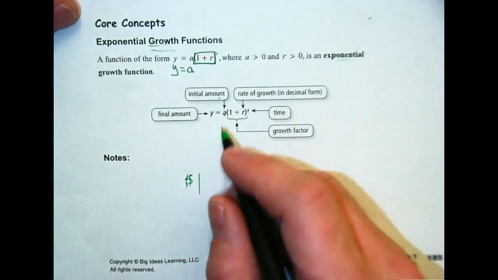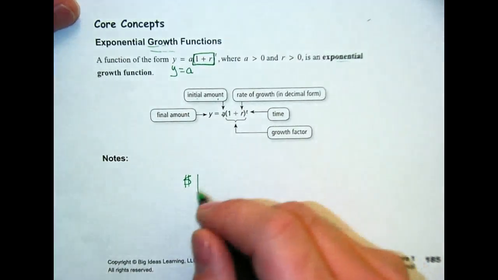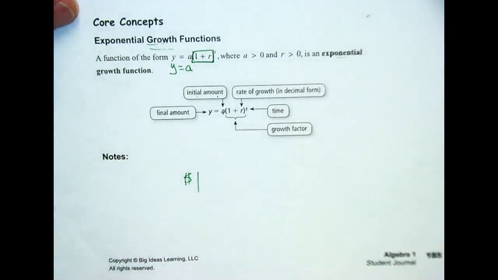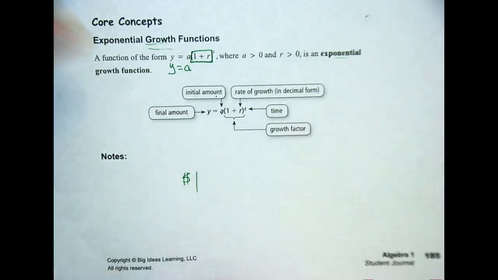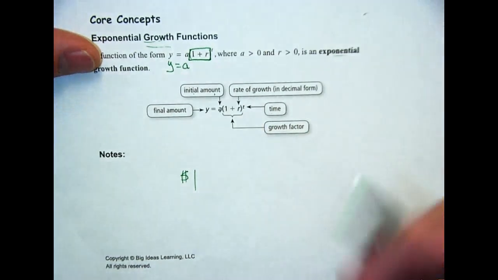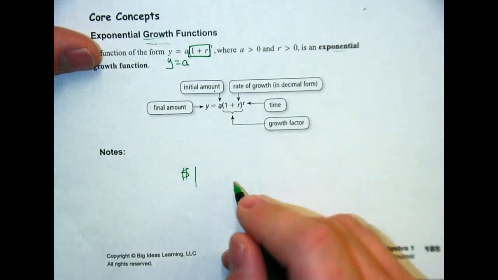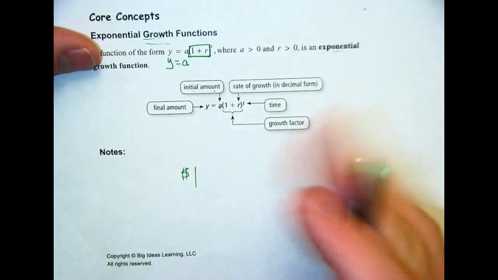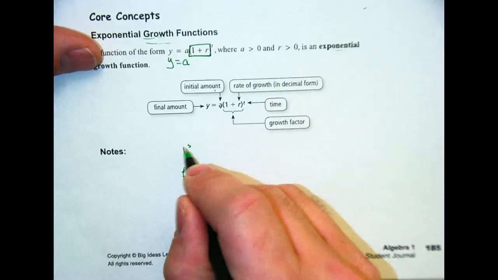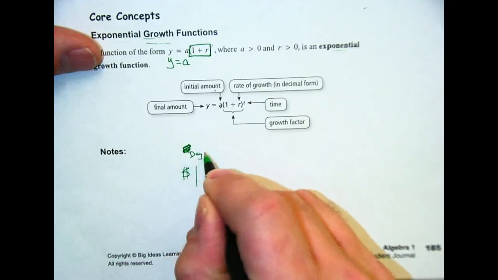That's our initial amount. That would be our A value. The second day, you would bring that dollar in and I would add how much? I'd add 10 cents. I'd add 10%. So my rate of growth is what percent? 10. Everyone with me on that? So this would be your first day, or actually maybe day 0, because I'm not giving you anything.